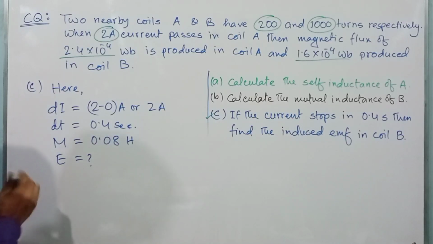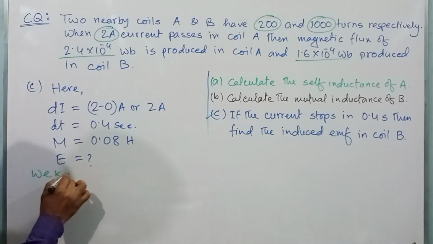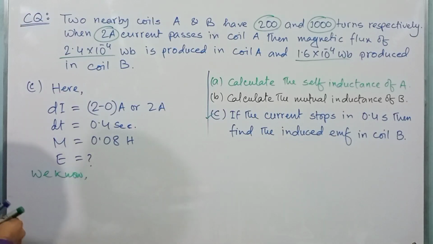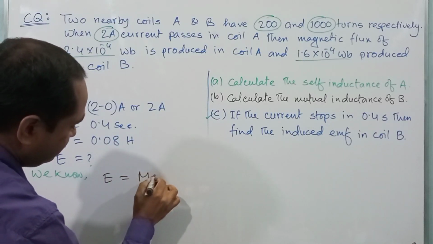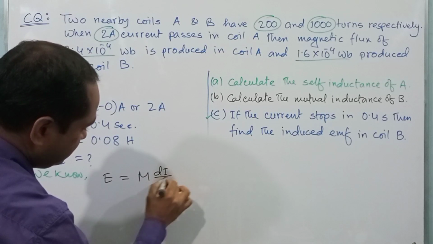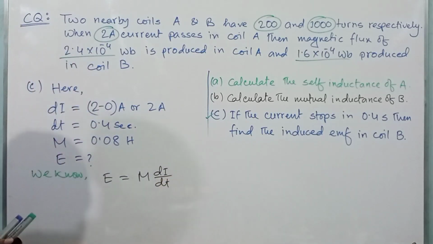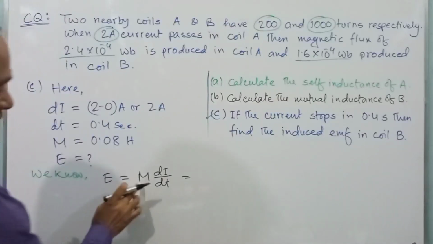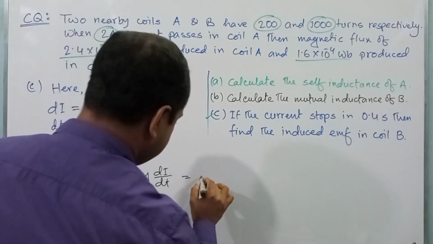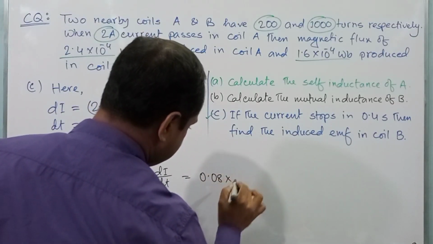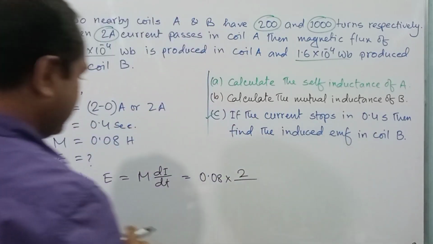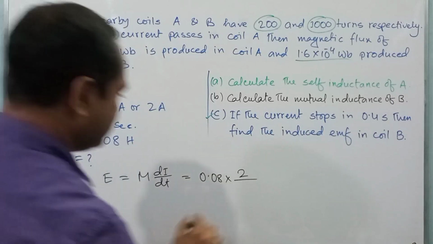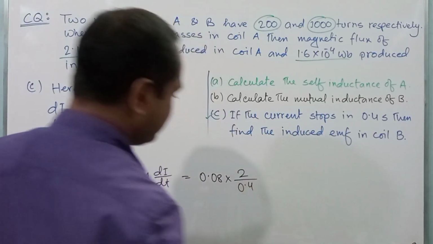Dear student, we know E is equal to M di by dt. Here the value of M is 0.08 into di, and di means 2 ampere, and the required time is 0.4.